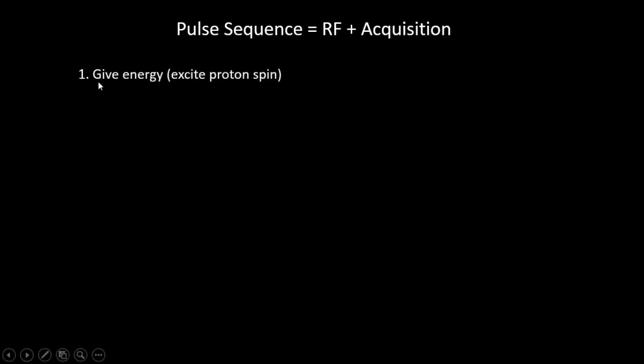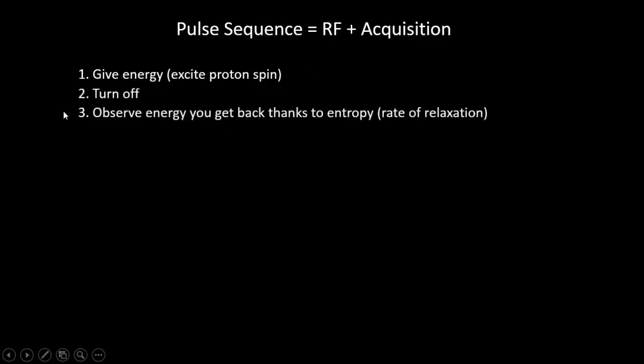Well, number one, we give energy to our system, or tissue. So we excite proton spins using radio frequency energy. Next, we turn off that source of energy, and finally we observe the energy that we get back from that excited tissue due to relaxation of the proton spins back into alignment with the magnet. The differences in the rates of relaxation of protons in different tissues give us our contrast.